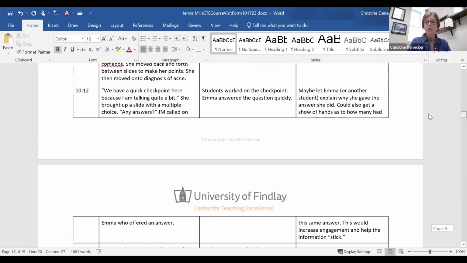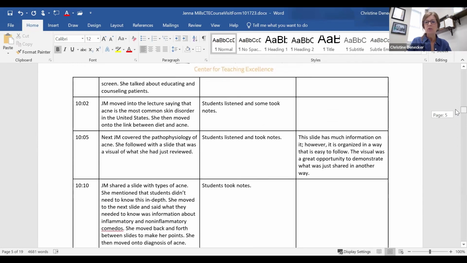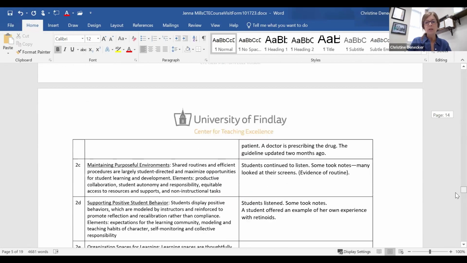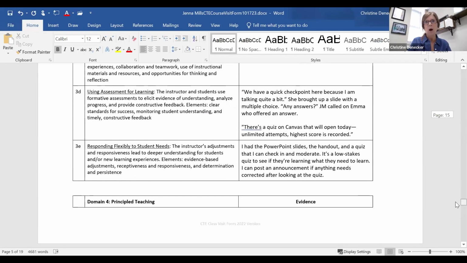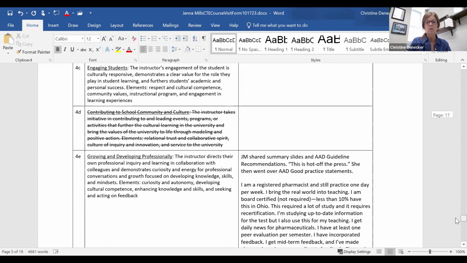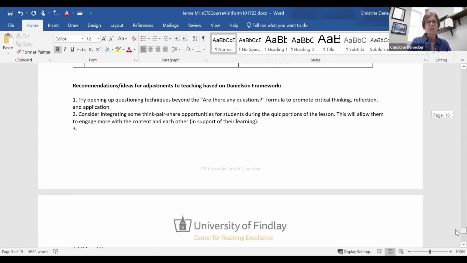I had, along with the checkpoints, having students, instead of just giving the answer, explaining how they got the answer or why they gave that answer. When they did their checkpoints, they would give the answer and then they would move on. As a learner in the class myself, sometimes I wanted to know why they came up with that answer. I think I knew, but I didn't always know. You see what I'm saying?